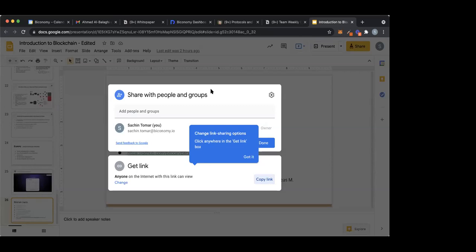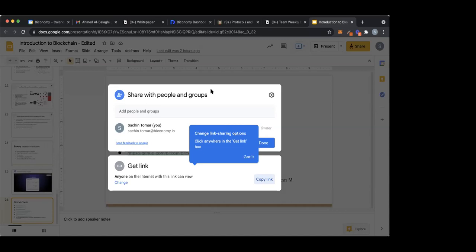Please explain the difference between a centralized system and a decentralized one. So a centralized system is a system where the power or control lies within a few entities or a single company. For example, if you are using Gmail, if tomorrow Google wants to shut down the Gmail services, they can do that.